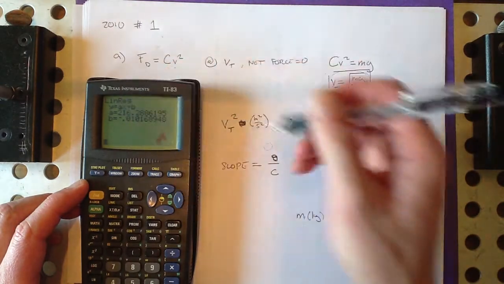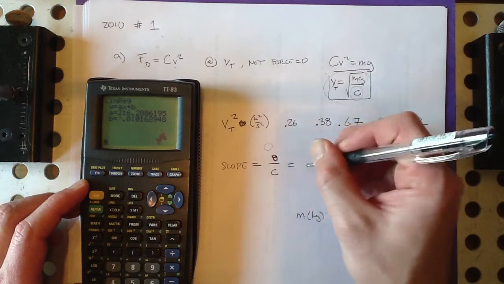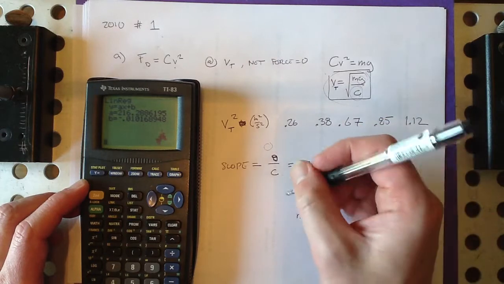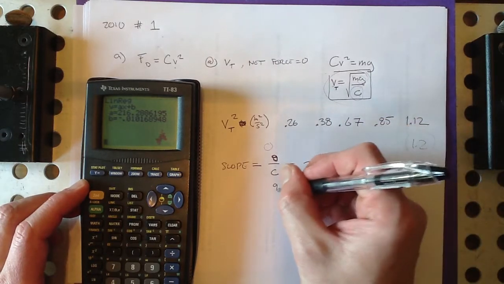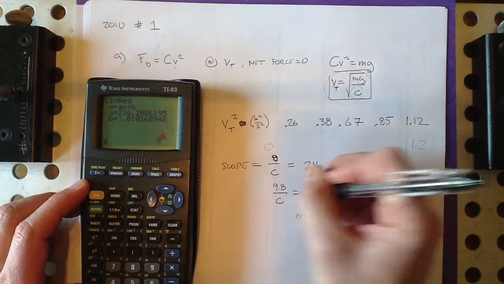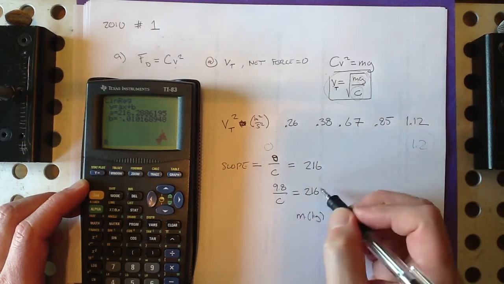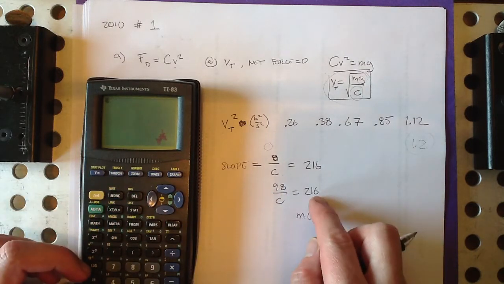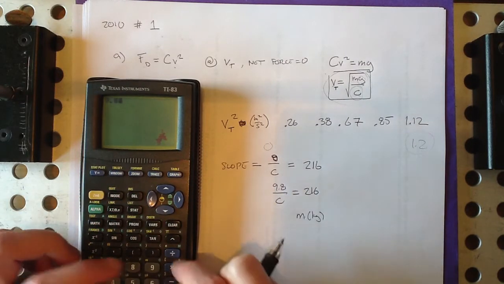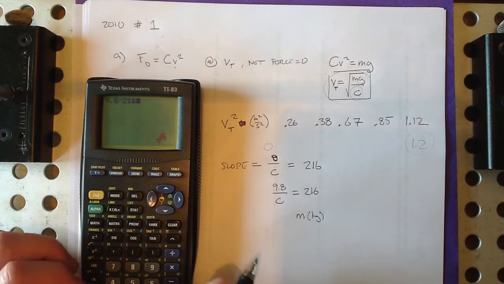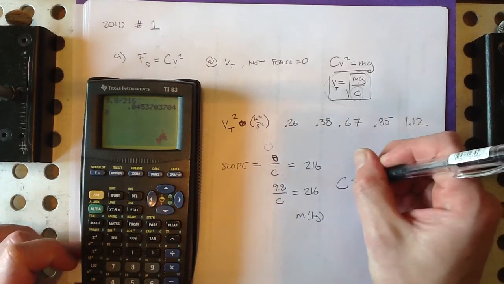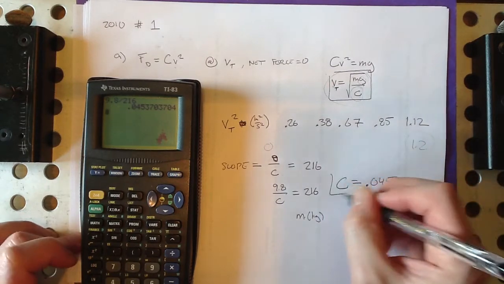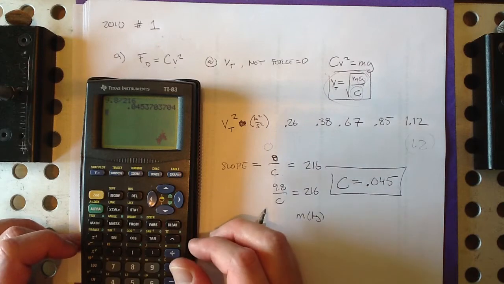It's ax plus b, so a is the slope, of 216. So let's see. 9.8 over c is equal to 216. So solving for c, that would give me 9.8 divided by 216. So c looks like it is equal to 0.045 or thereabouts.